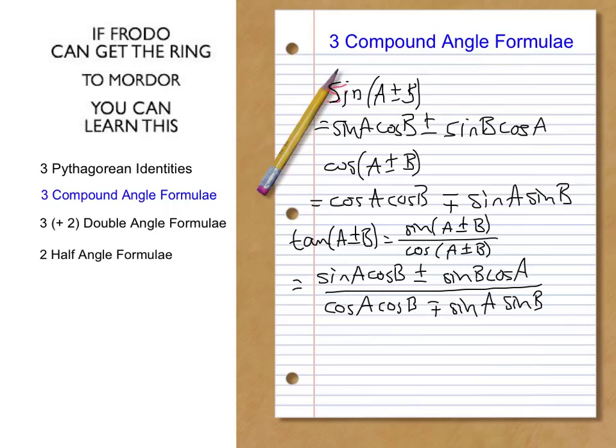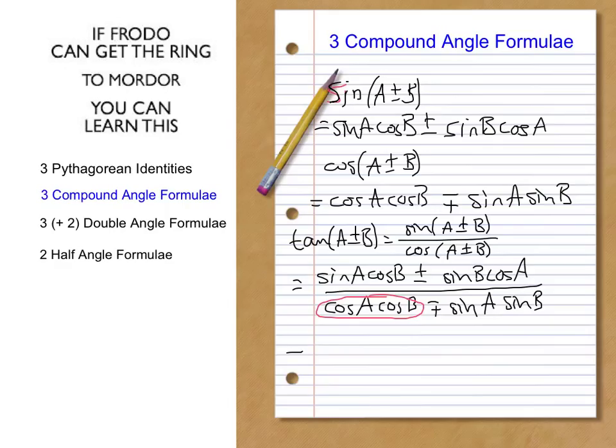Now the clever bit. What you do is you divide everything by this thing that's in the bottom left, cos a cos b. So all four things, well, the top and the bottom, so therefore all four, get divided by cos a cos b.